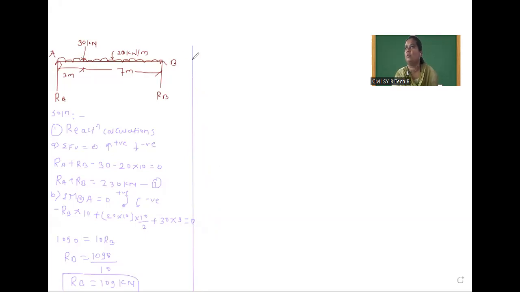Okay. So we put RB in equation 1. Equation 1 is RA plus RB equals 230. So RA plus 109 equals 230. So RA equals 230 minus 109.